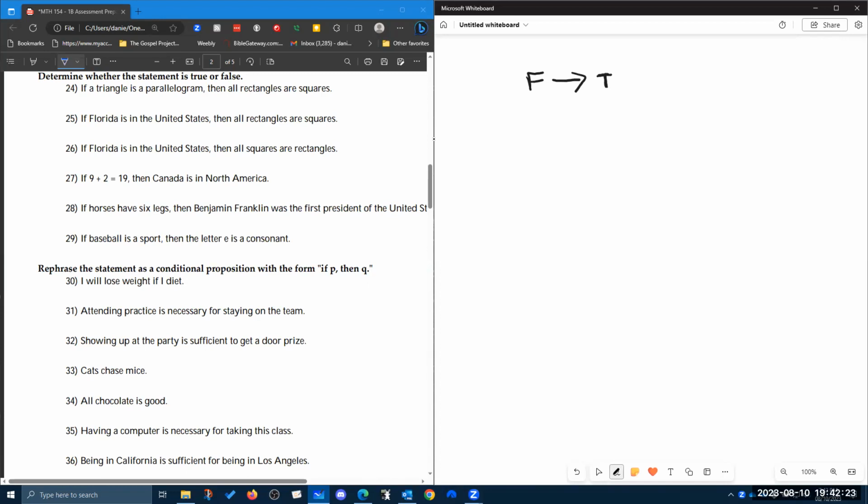False implies true, if we look at our P, Q, P implies Q truth table. We had true, false, true, true. We're on this row right here. P is false and Q is true, so that results in a true statement.